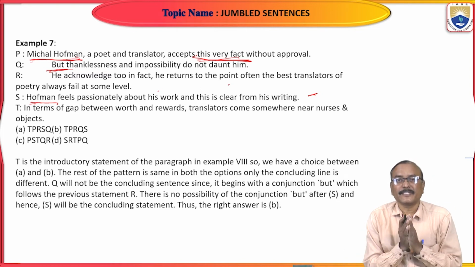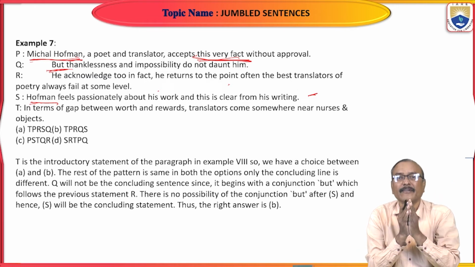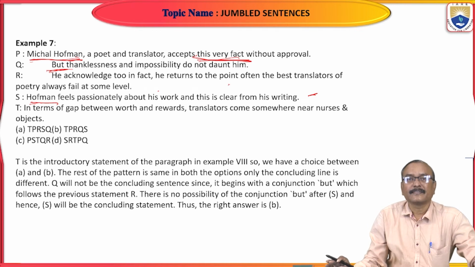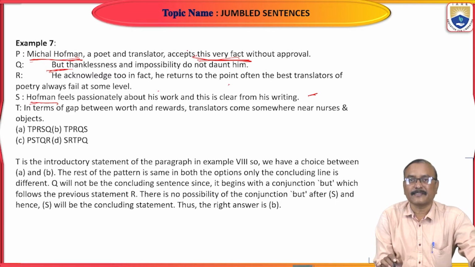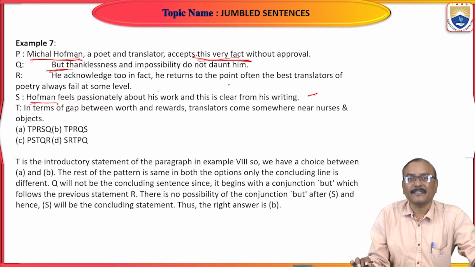First our concentration should go on the first sentence of the paragraph. Is it clear? I already told you why P is not the first sentence, because he accepts this very fact. What is this very fact? That is not mentioned.